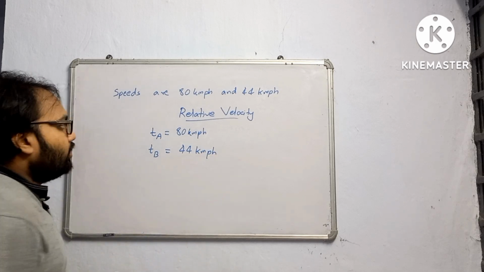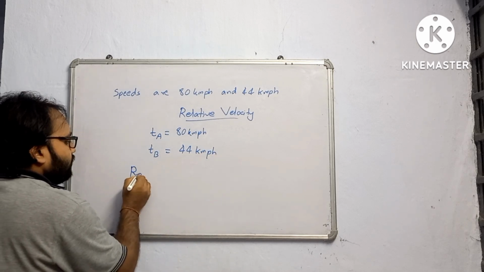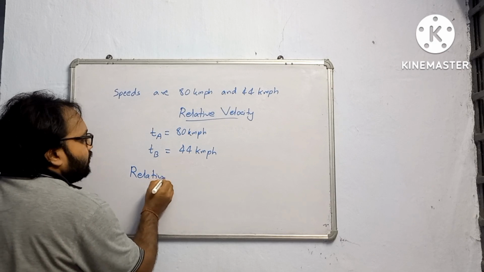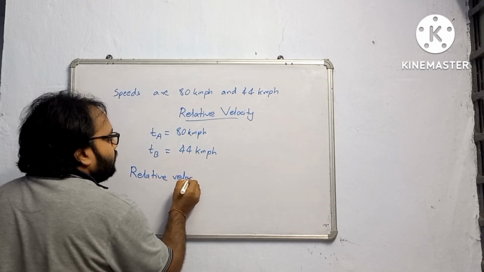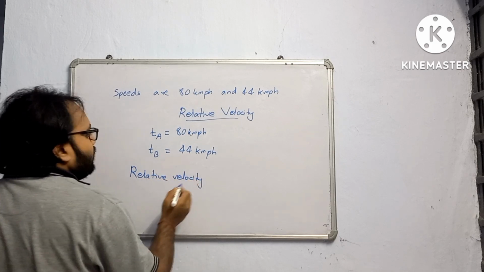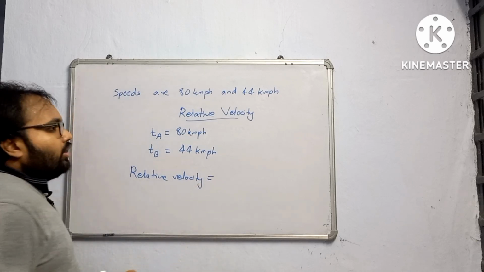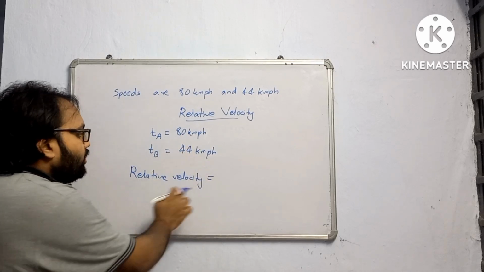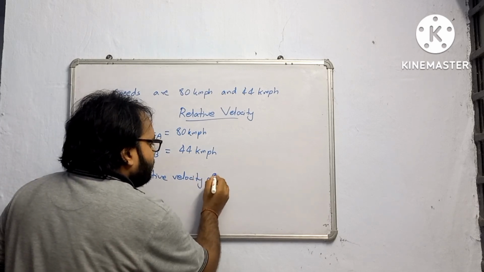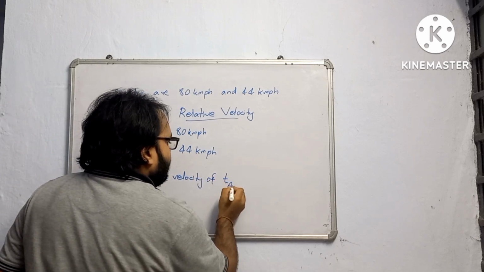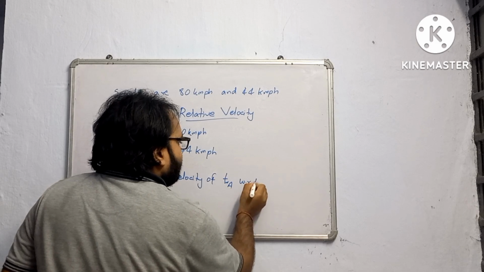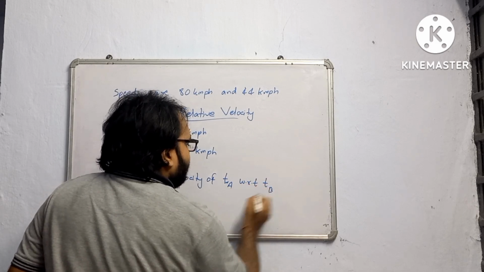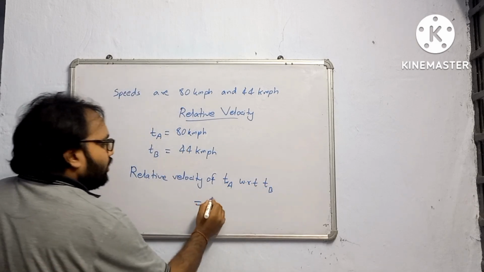Relative velocity is equal to, that means we are finding the relative velocity of train A with respect to train B, is equal to 80 minus 44.